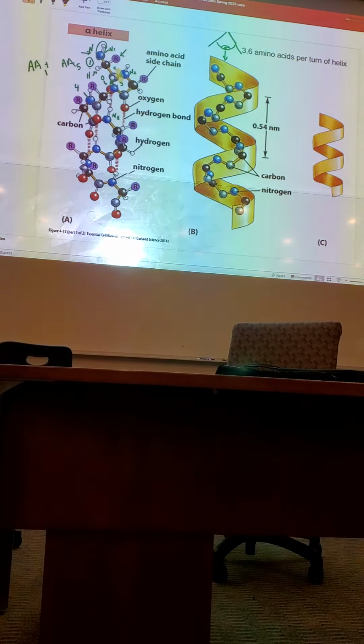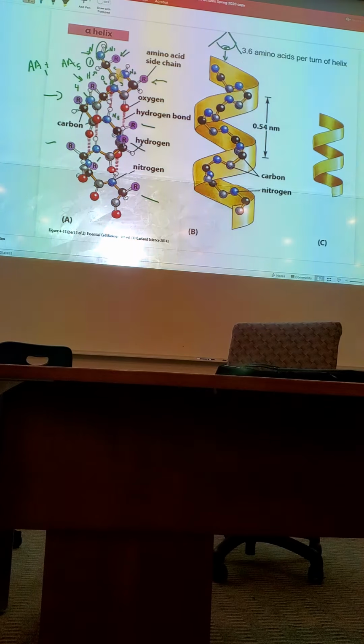Here's another thing I'm going to point out, and I think it's going to come up again later. Look at the R groups. There's one, there's another one, and another, and another. If you looked on the back, there would be another one. In alpha helices, the R groups are always perpendicular to the axis of the helix.